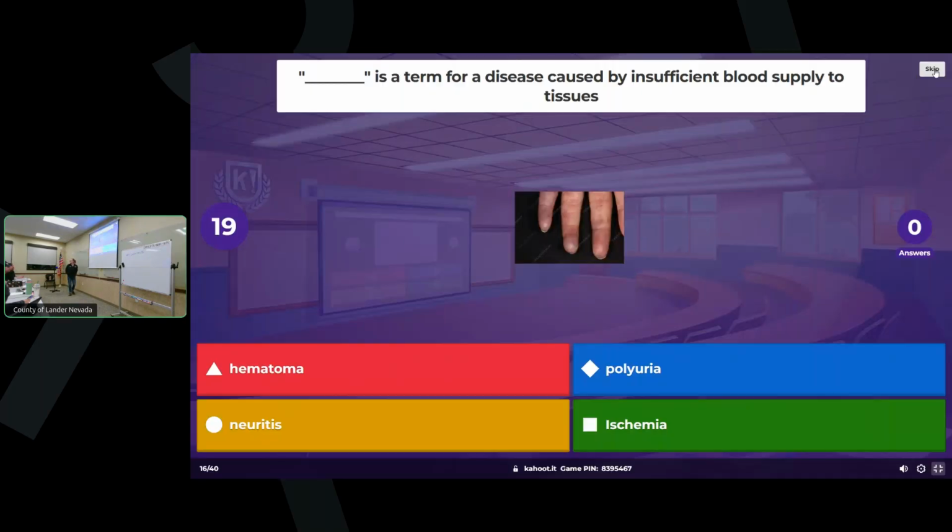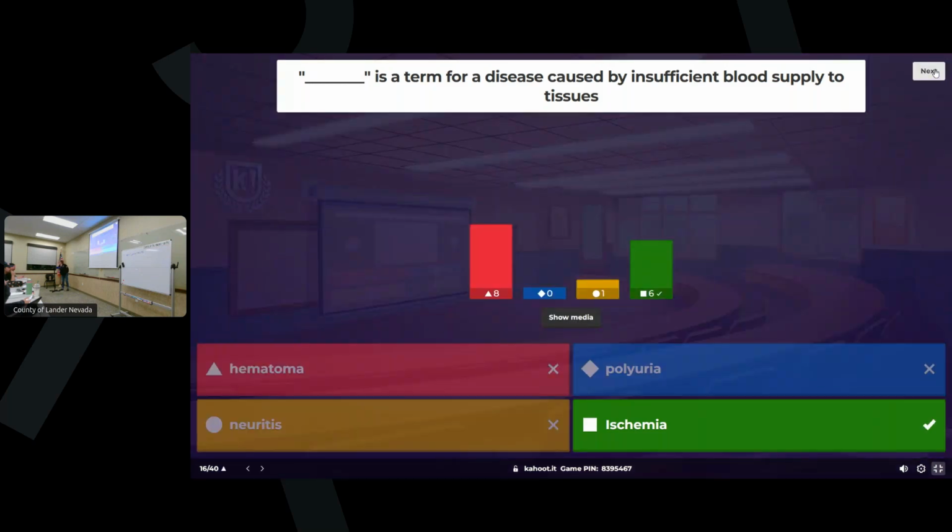Blank is a term for a disease caused by insufficient blood supply. Okay, so ischemia is lack of oxygen to tissues. Whenever that tissue dies, it's called an infarct. So myocardial infarction, heart attack.